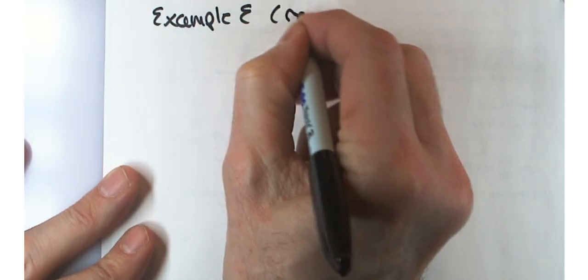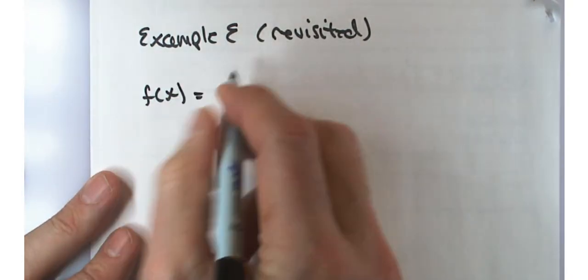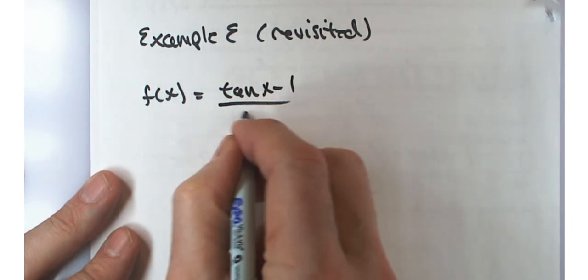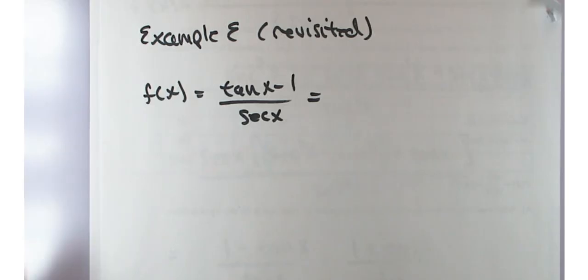So example E revisited. F of x is tangent of x minus 1 over secant of x. Instead of waiting till the very end to do all that monumental amount of simplification, let's do it up front.